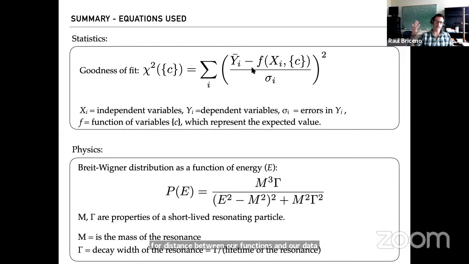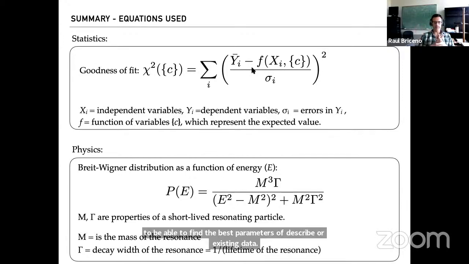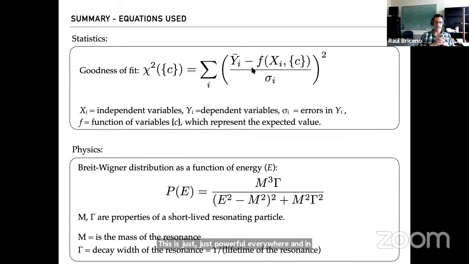It allows us to have a well-defined algorithm to find the best parameters that describe our existing data. This is powerful everywhere in any sort of data analysis.